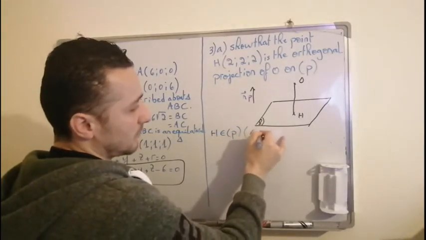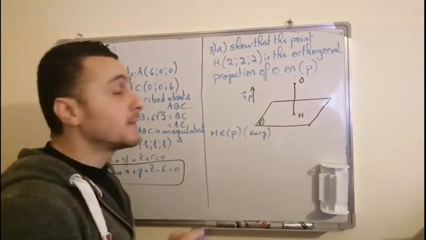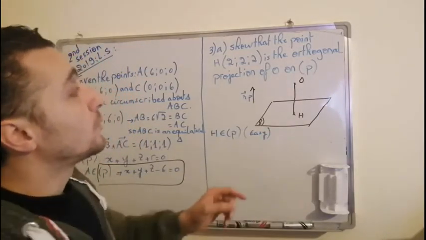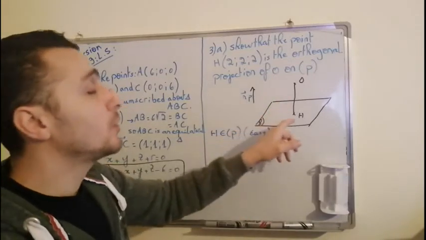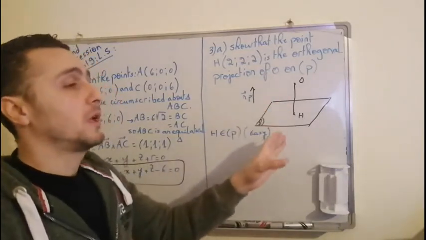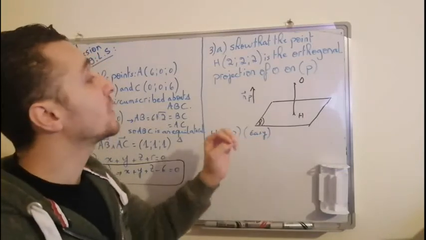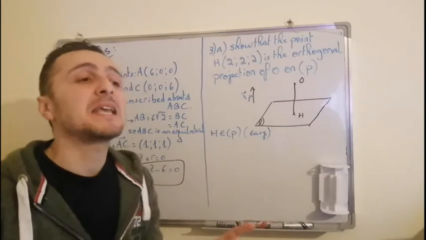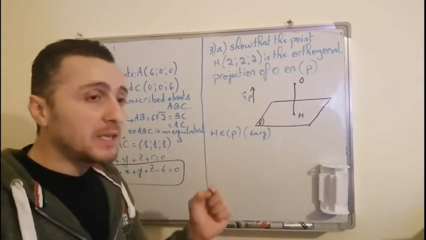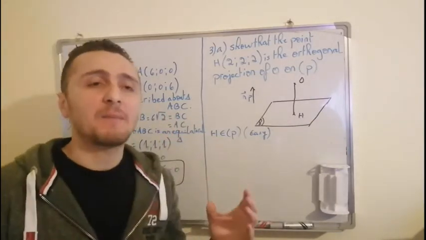It's easy. Okay? And to prove that H is the orthogonal projection of O on the plane P, we have to show that OH and NP have the same direction. NP is the normal vector of the plane.